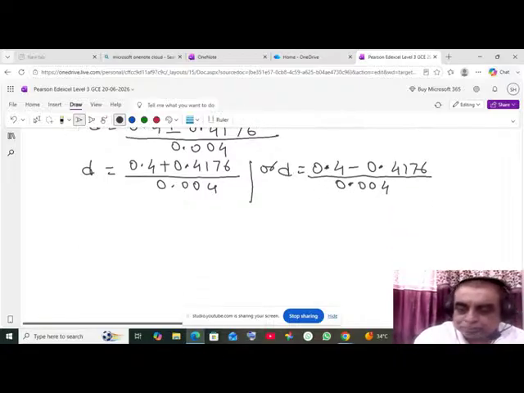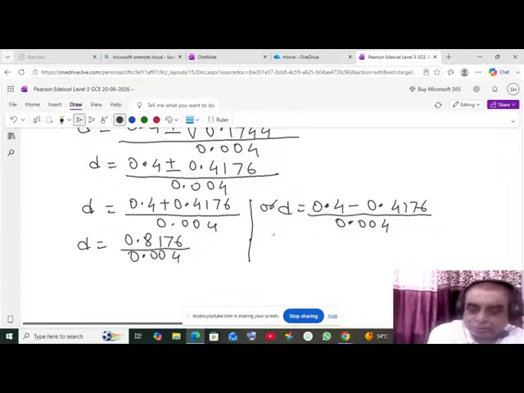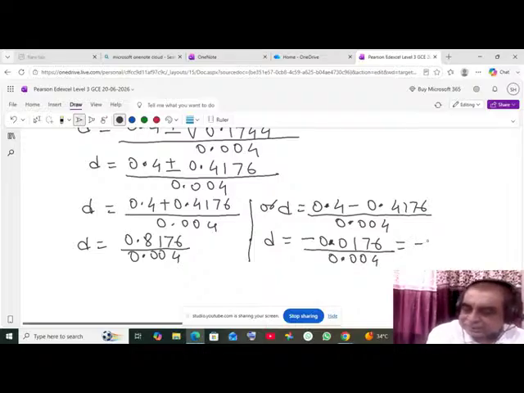So you solve and find the values of D. In the first, it is 0.8176 divided by 0.004. And from the second, we are getting a negative number, 0.0176 whole divided by 0.004.